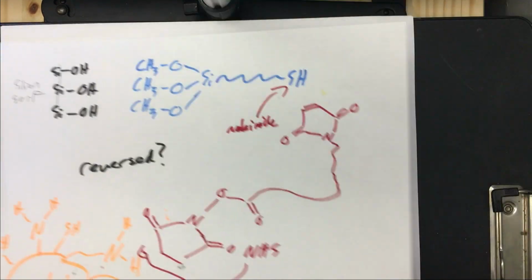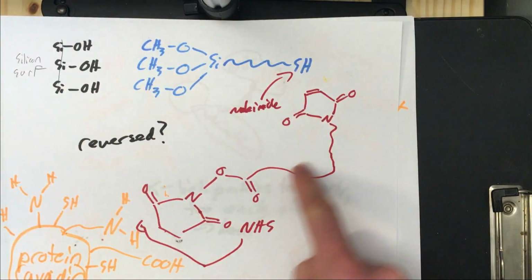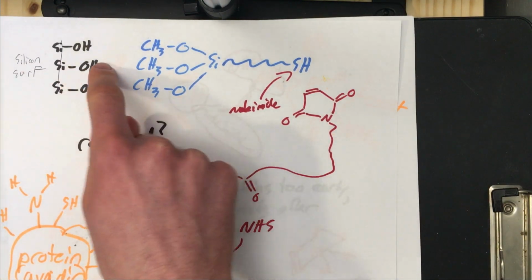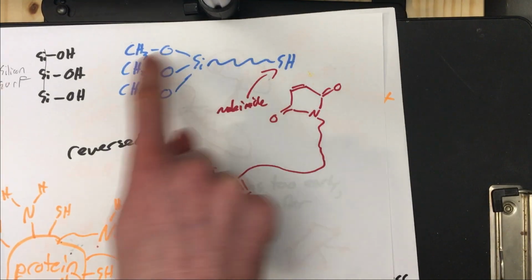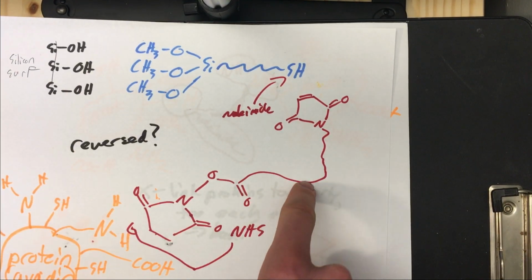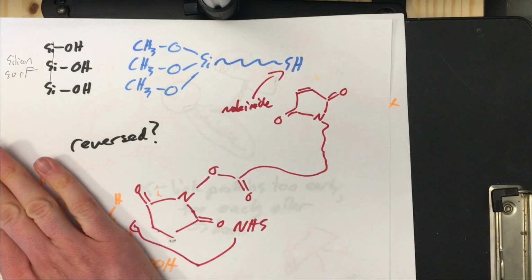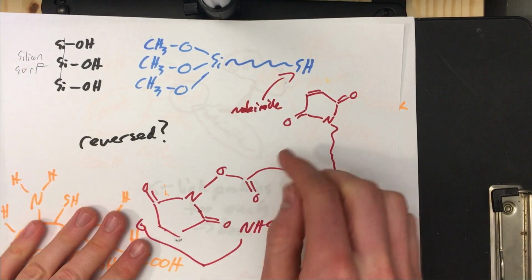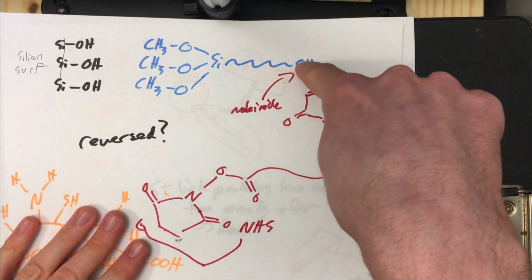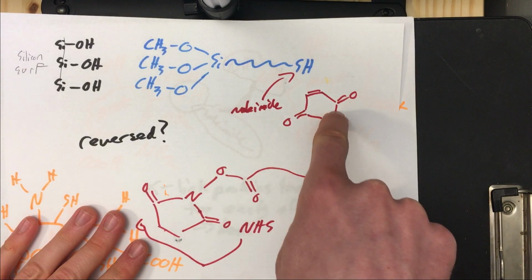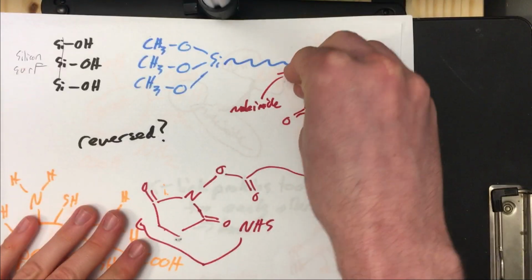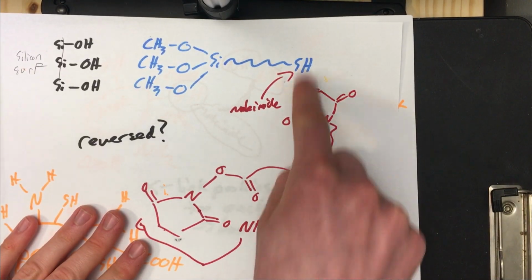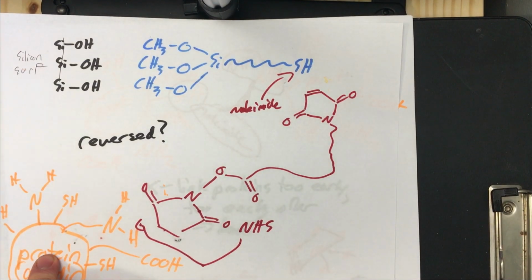Why? Because if I go back to this step, where I followed everything in the proper order, and I had these SH groups on the surface, if I add this molecule to these SHs before the protein is even present, I can have reacted all of the SHs with all of the maleimides, and then there wouldn't be any more of these available to cross-link proteins to one another, right?